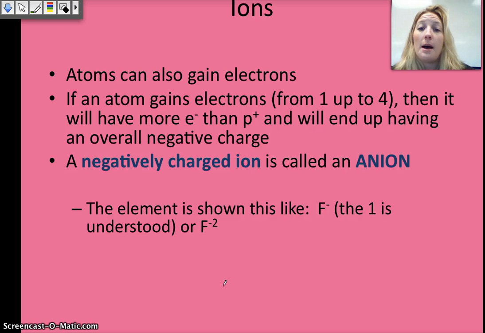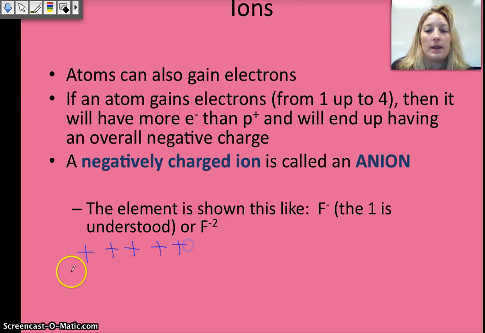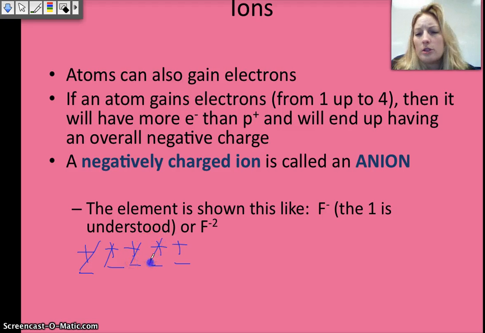Now, if we go the opposite way, if they can gain electrons, that means we have a bunch of positives. They have their electrons hanging out with them. Neutralized, neutralized, neutralized. And if we gain another electron, there's nothing there to neutralize it. That means we have a negative charge left over. That means the whole atom is negatively charged.